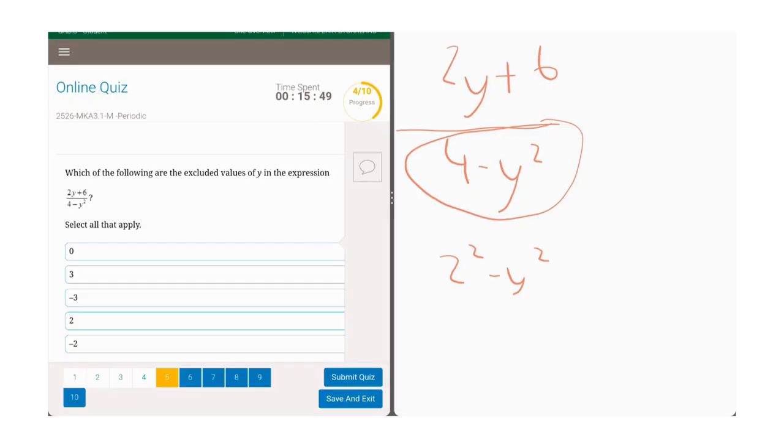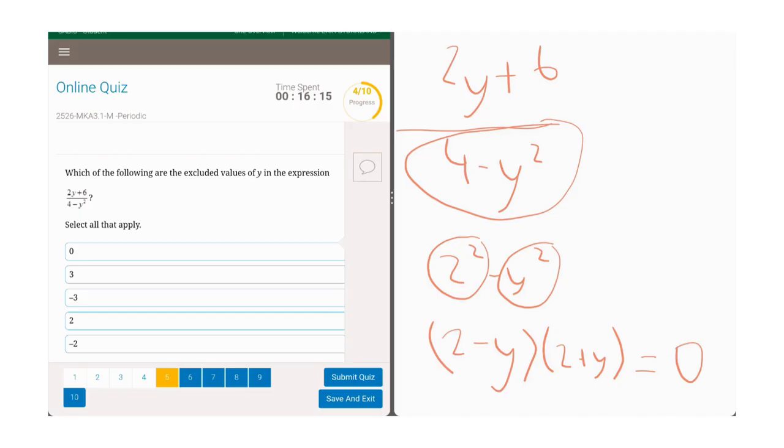The variable can be in any position. It can be on the left or the right. It doesn't matter, as long as the first number is a square and the second number is a square, then it's a difference of two squares. So we have 2 minus y times 2 plus y equals 0 because we need it to be undefined.